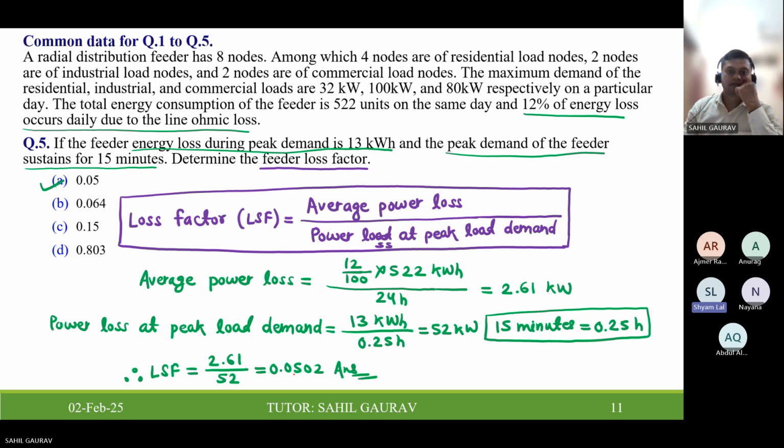It's 15 minutes, or 0.25 hours. So how will 15 minutes become 15 by 60? Okay, okay, it is converted into hours, right? Right.